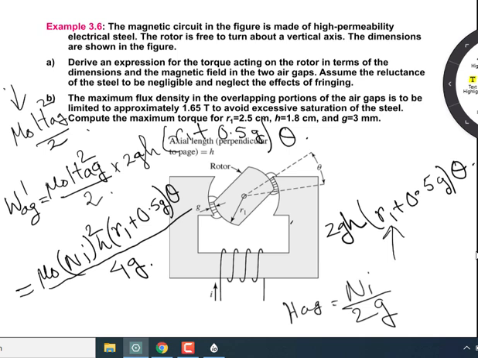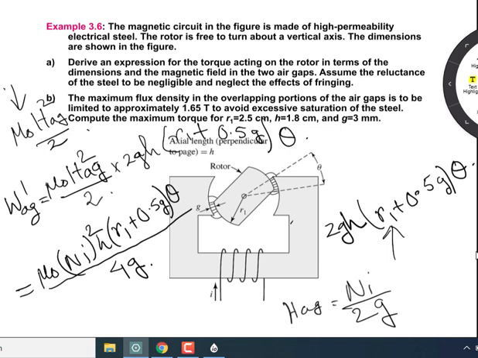So here when we put N I square, one more expression will come here, that is 4G square. So in the denominator you will have 8G square and in the numerator you have 2G. If you do further simplification, you will get 4G in the denominator, right?